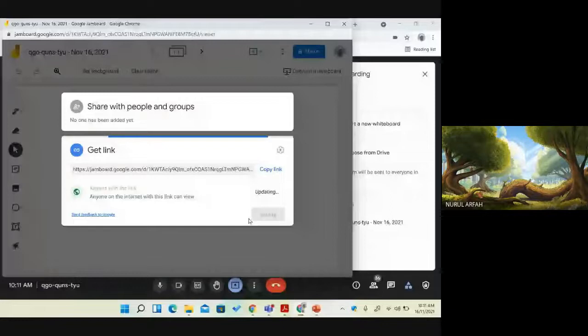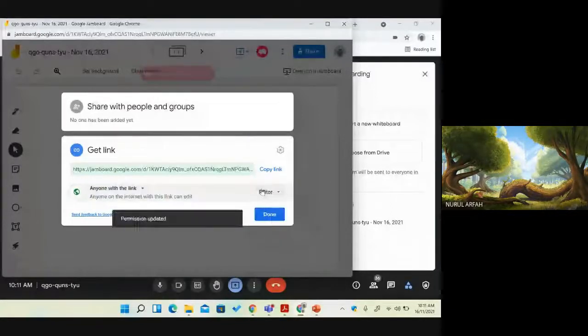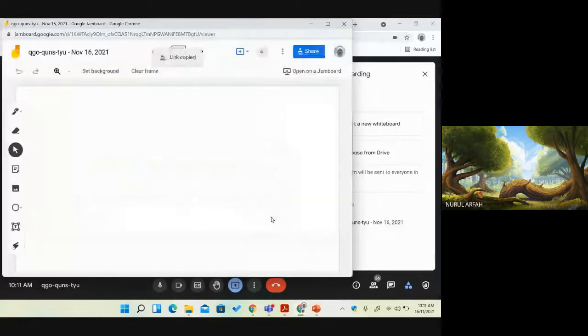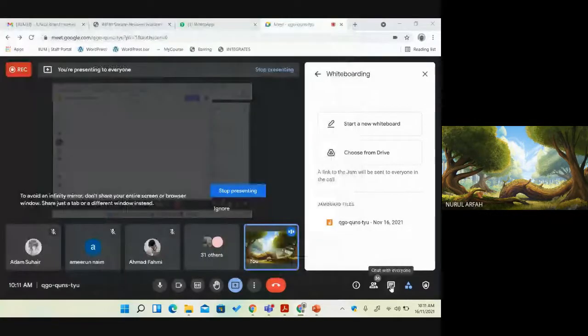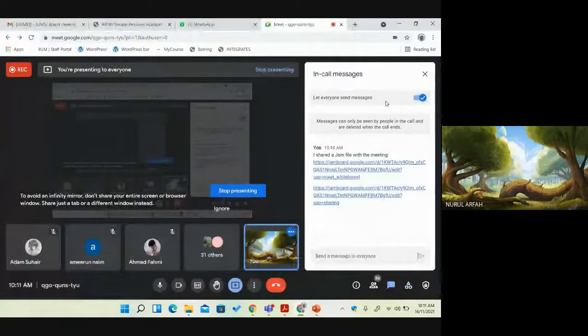Okay, because it automatically shares view only, not editing. Now, can you draw something, or say cannot? I give you the new one. I think the same link. Okay, good.